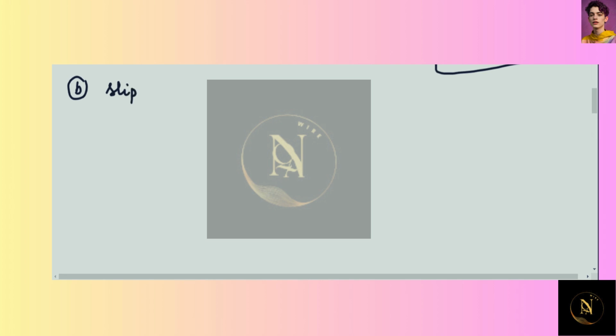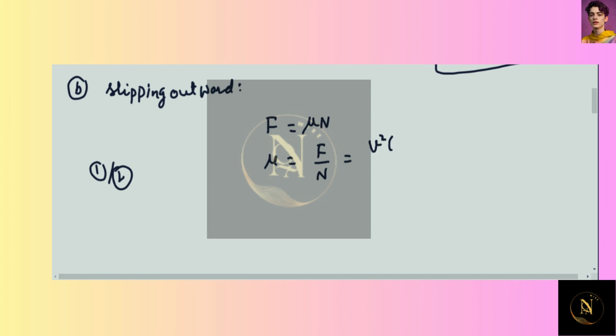So this is the case of sloping outward, that is F should be equal to mu N. So mu is equal to F upon N. Dividing equation 1 and 2, we will get v square cos of theta minus rho into g sin of theta upon v square sin of theta plus rho g cos of theta.